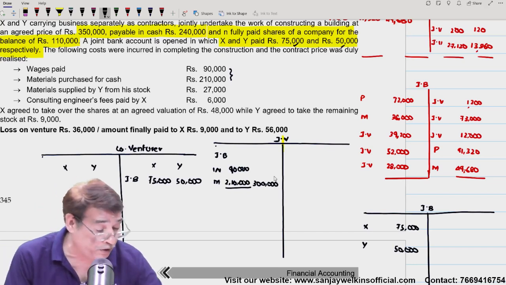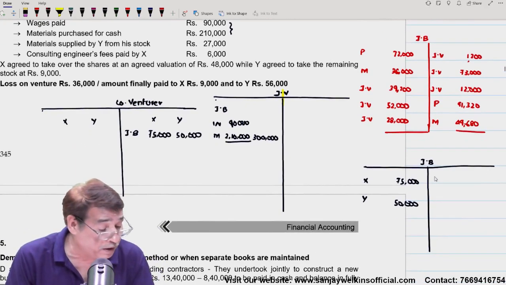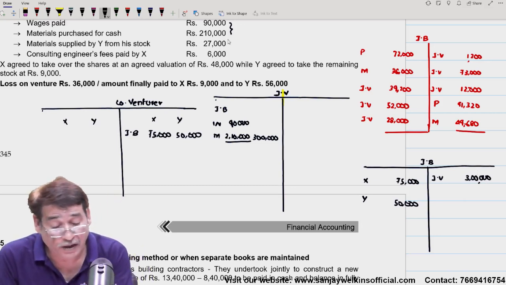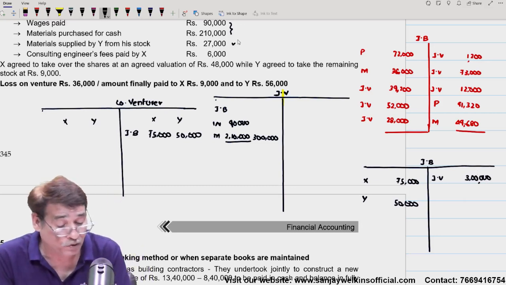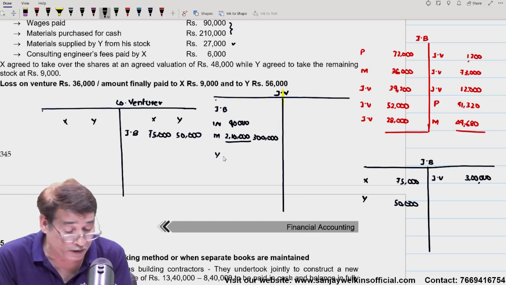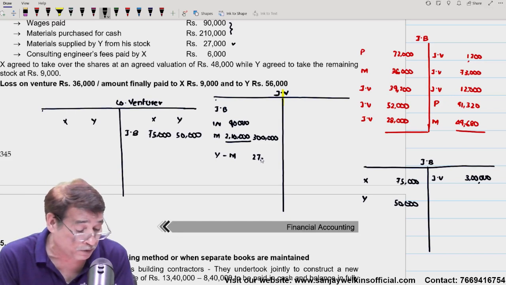Joint venture account debit to joint bank. So on the credit side of the joint bank account, you are going to write by joint venture, that is equal to 3 lakh. Then it is given that material supplied by Y. So joint venture account debit to Y account. So Y has supplied some material worth rupees 27,000.